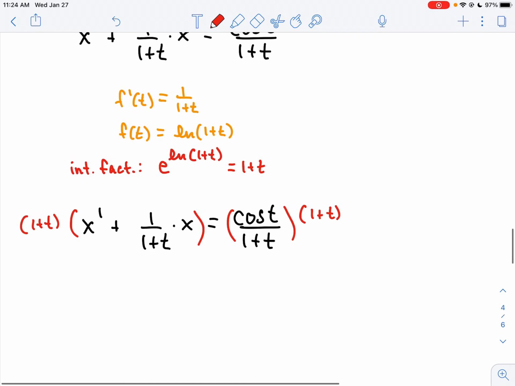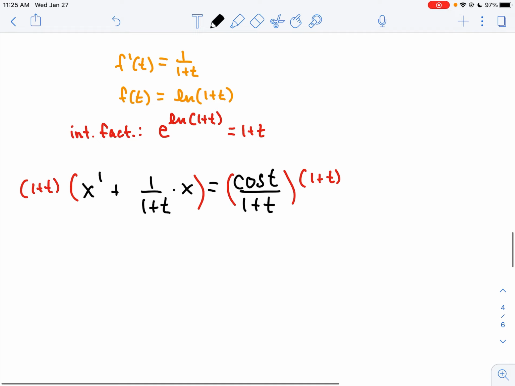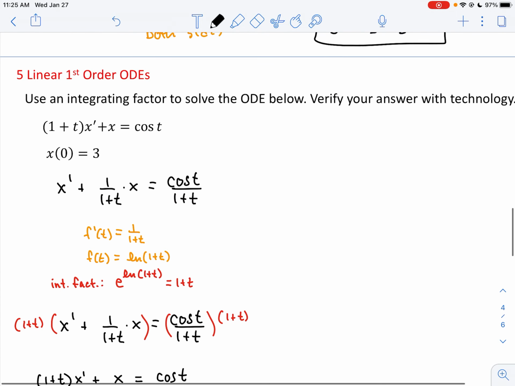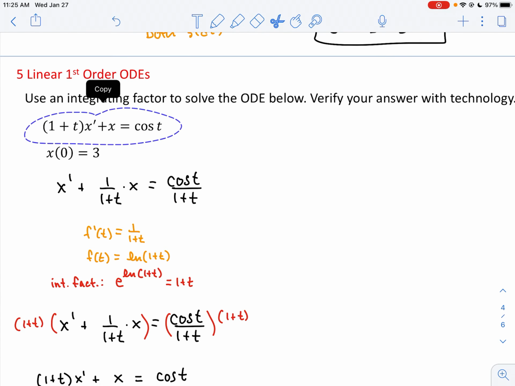And notice what happens. It takes you full circle right back to where I started. When I multiply everything by 1 plus t, I get 1 plus t times x prime plus just x equals just cosine of t. That is precisely where we started.